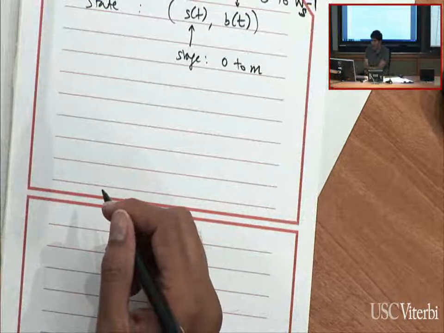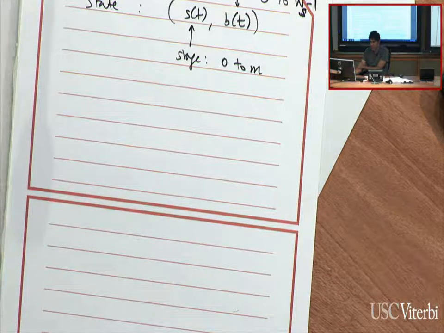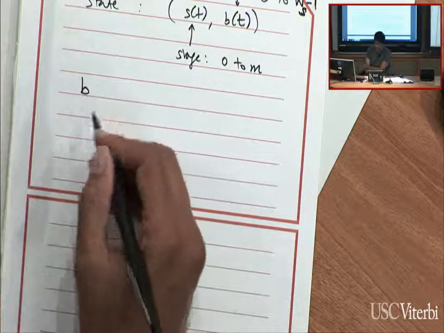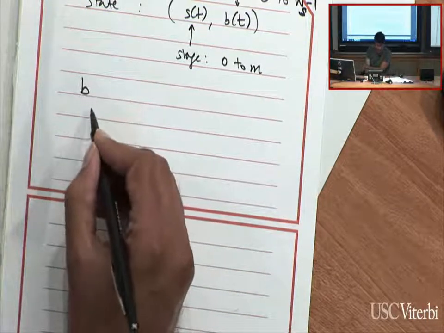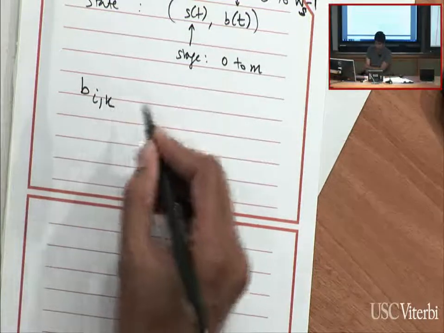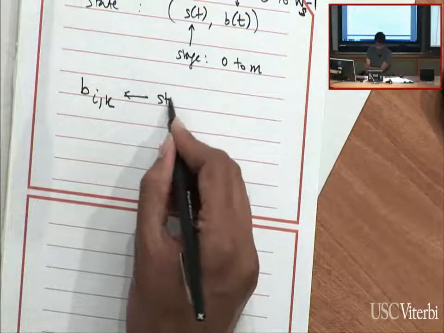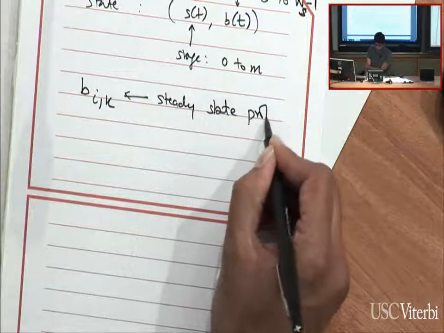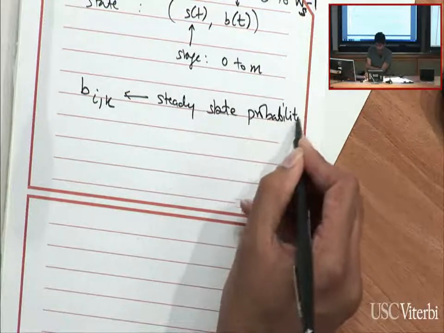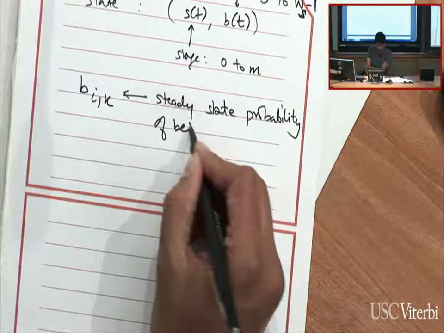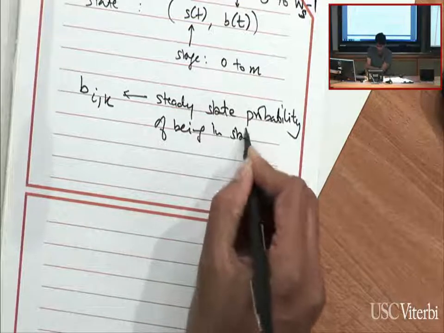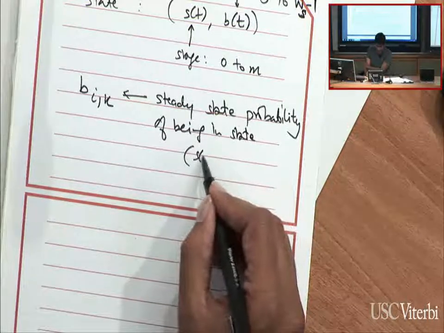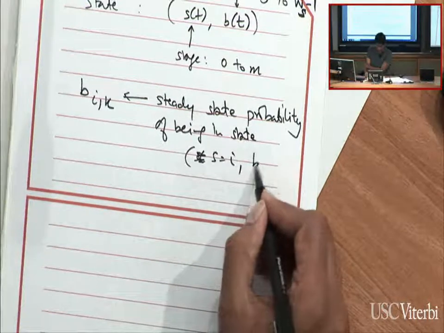And the steady state probabilities are referred to as b_{i,k}, of being in state S equal to i, B equal to k.